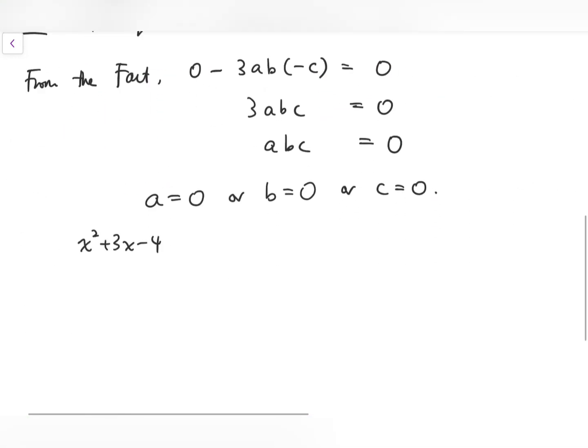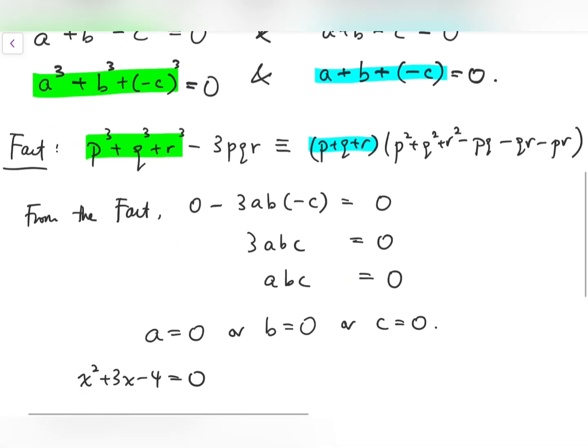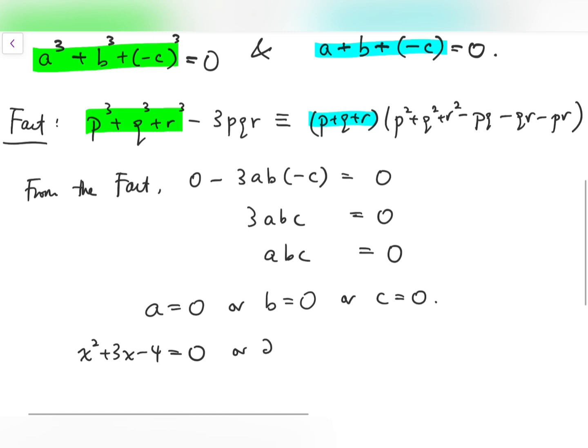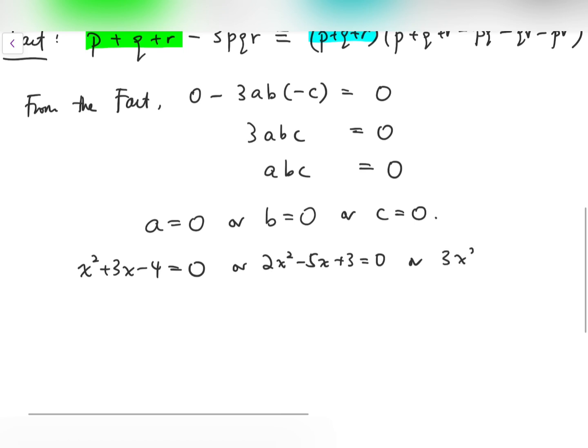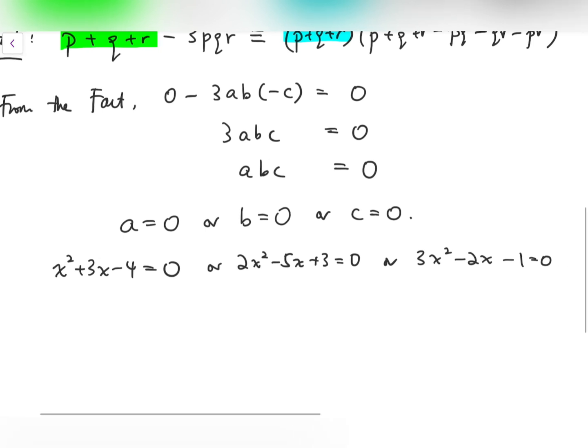We have three quadratics. x squared plus 3x minus 4 equals 0, or 2x squared minus 5x plus 3 equals 0, or their sum, 3x squared minus 2x minus 1 equals 0. Now we can factorize.